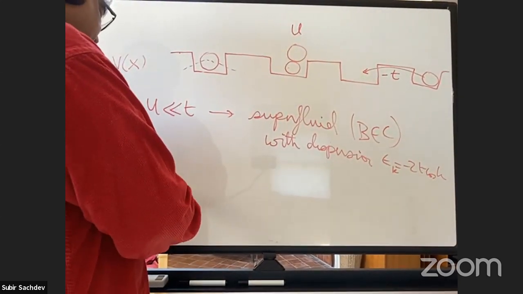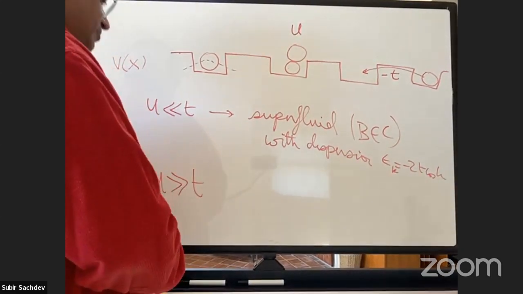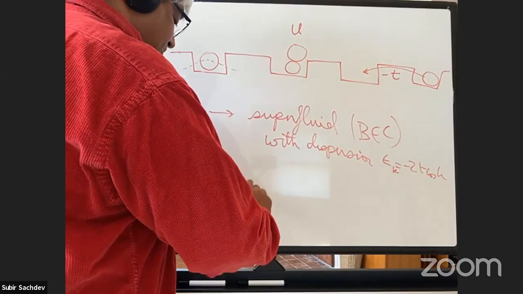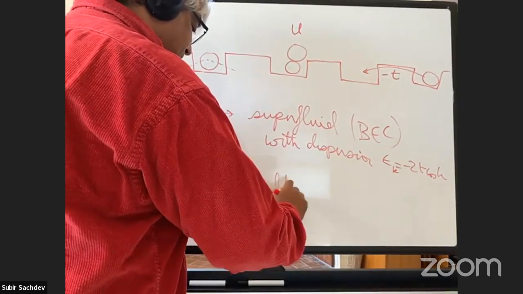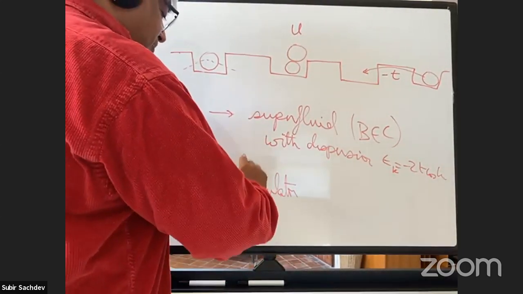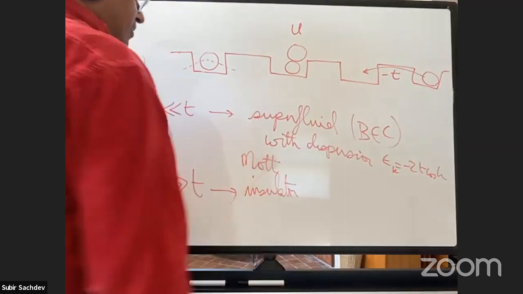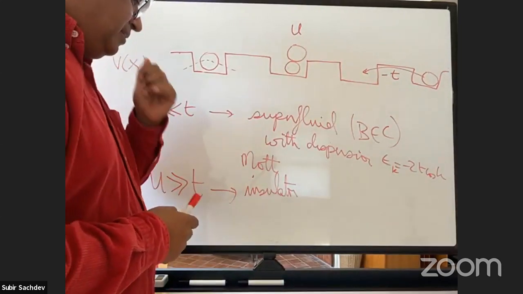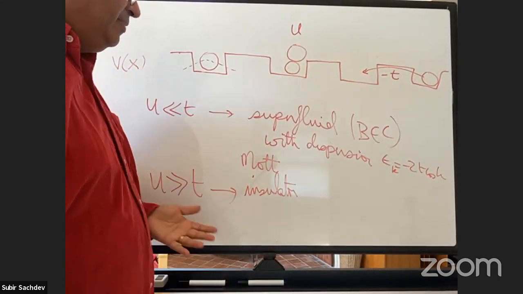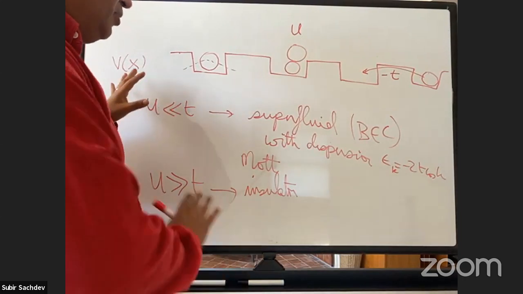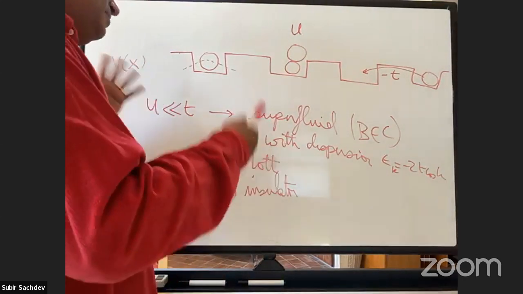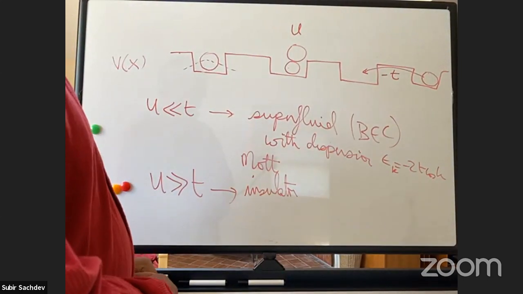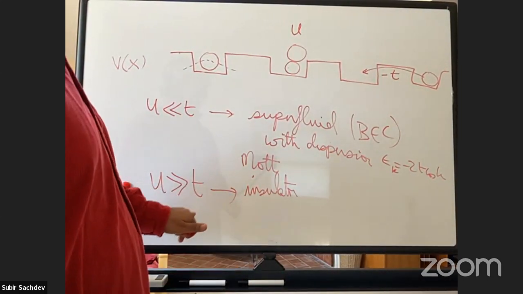However, we can imagine a different phase in the limit U much, much greater than T. This is the simplest example of an insulator. We call that an insulator, thinking these are charged bosons, sometimes also called a Mott insulator. The word Mott is usually used when you get an insulator that doesn't break any symmetry, whereas if you do break a symmetry, that could be a Wigner crystal or a charge density wave and many other complicated things. So what happens when U is much, much bigger than T?